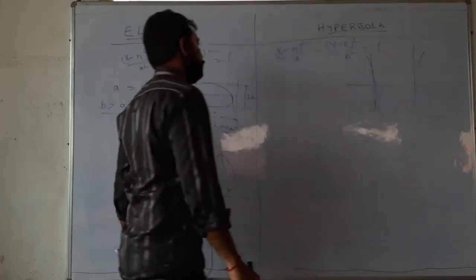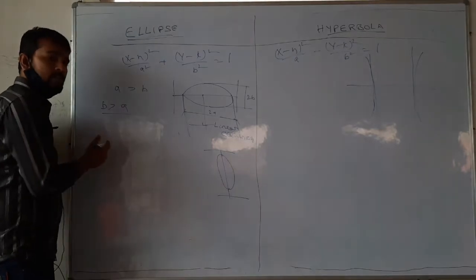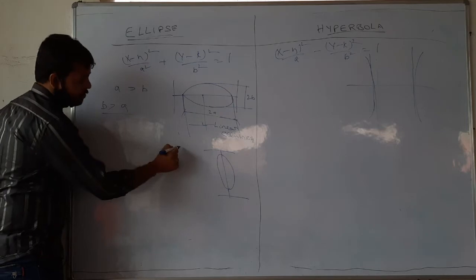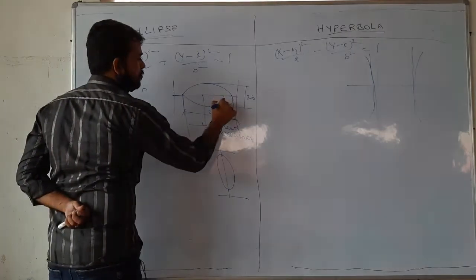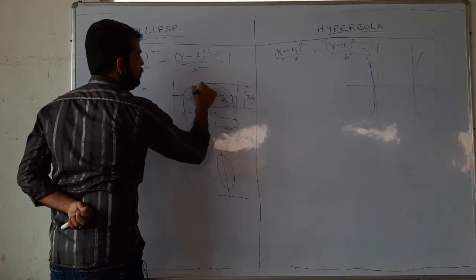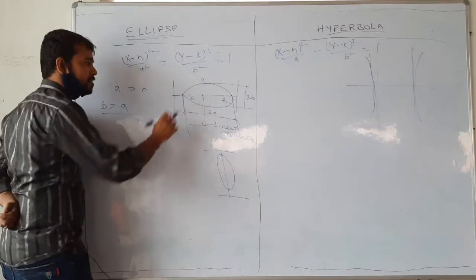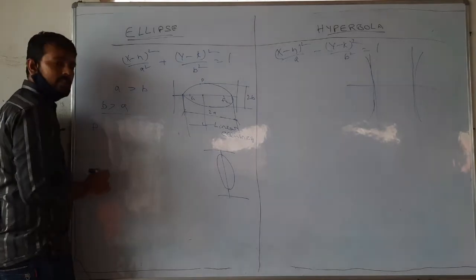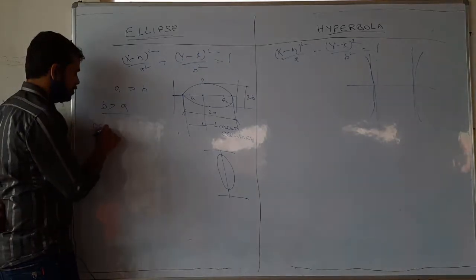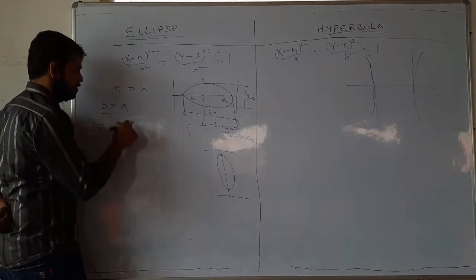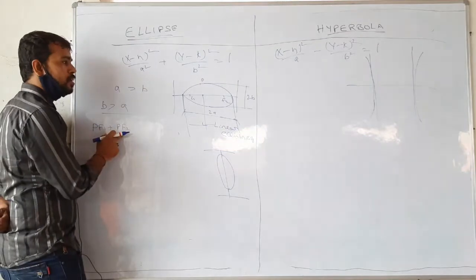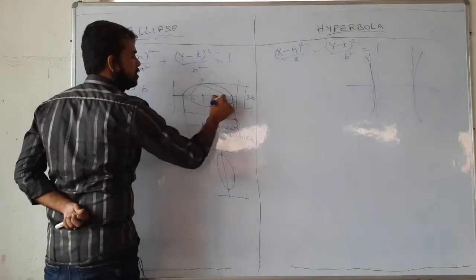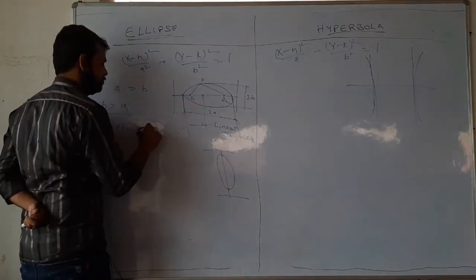Next, sir, what is the nature of this ellipse? If you consider, see, this is F2 and this is F1. If you consider any point here, the sum of distances from the foci for a point located on the ellipse is always constant.